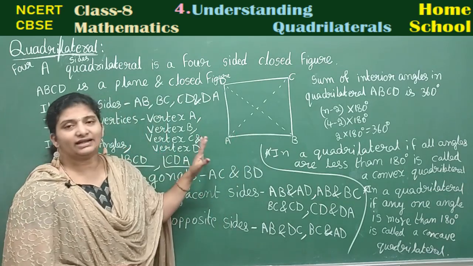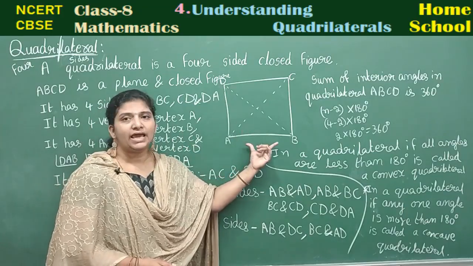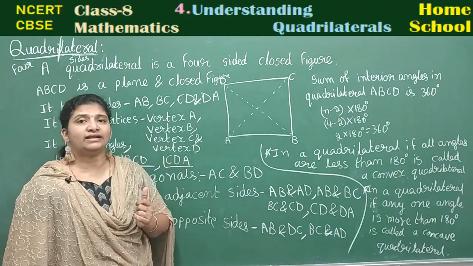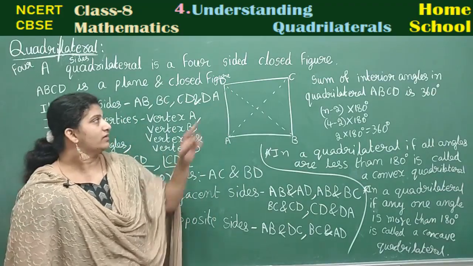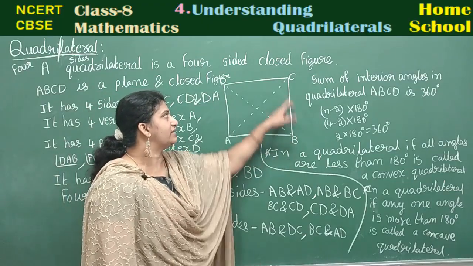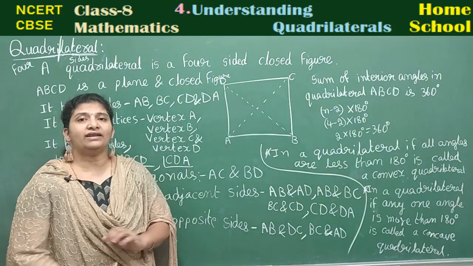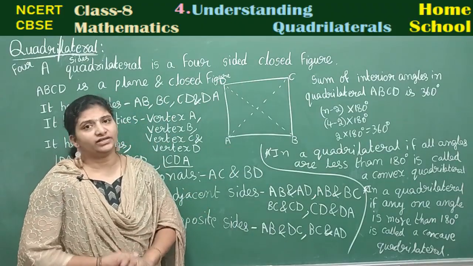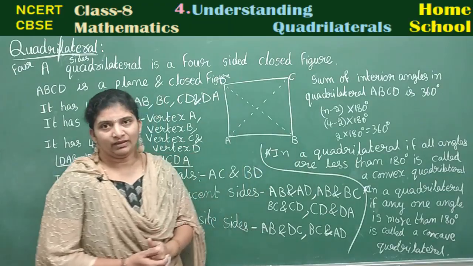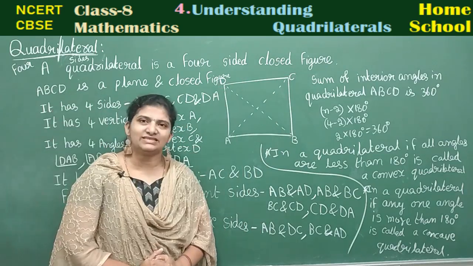So what does it contain? A quadrilateral has 4 sides. What are those? AB, BC, CD, DA. A quadrilateral has 4 angles: angle DAB, angle ABC, angle BCD, and angle CDA. A quadrilateral has 4 vertices A, B, C, D, and 4 pairs of adjacent sides.